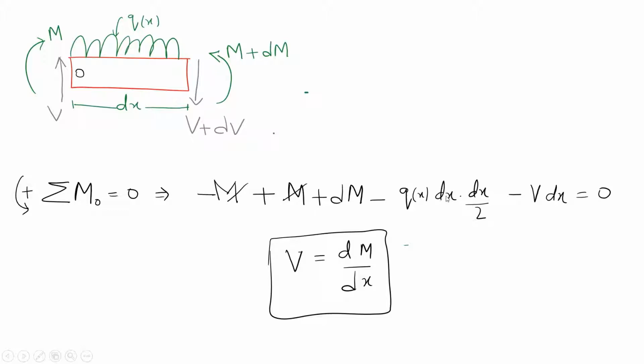If we square it, it becomes dx squared, which is higher order and smaller, so we can neglect it. In the limit as dx tends to 0, it becomes 0. So V equals dM by dx. The shear force is the rate of change of moment along the x axis.